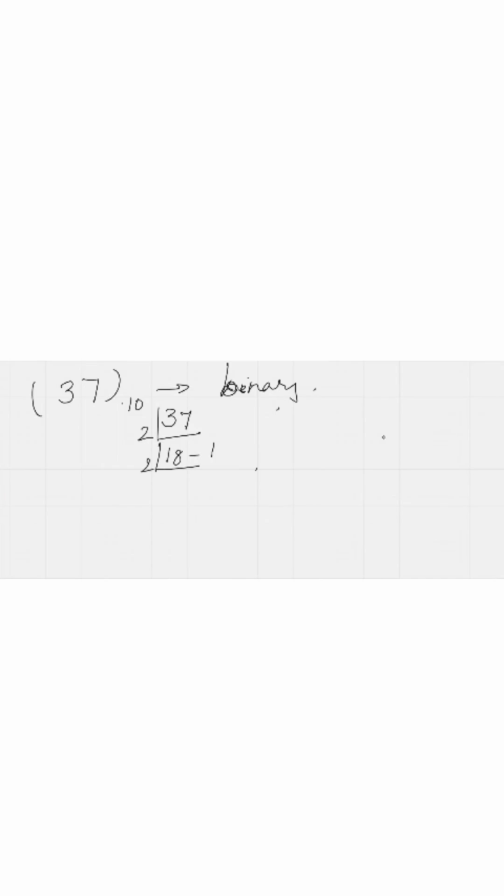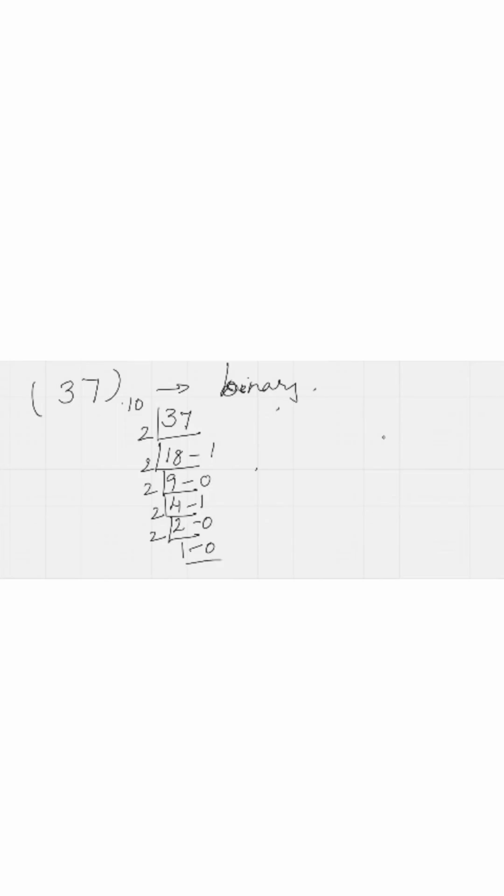Similarly, you divide by 2 again, 9 2s are 18, so there is no remainder, so 0. Again divided by 2, 4 2s are 8, we have 1 as the remainder. Again divided by 2, we get 2, so the remainder is 0. Again divide by 2, the remainder is 1, sorry. 1 2s are 2, so 1 and the remainder here is 0.